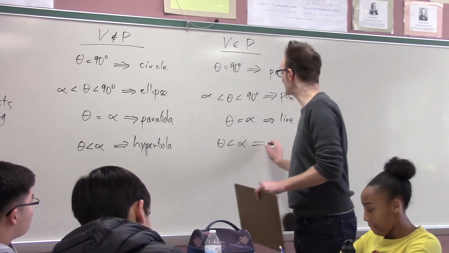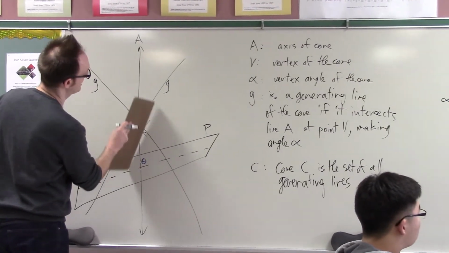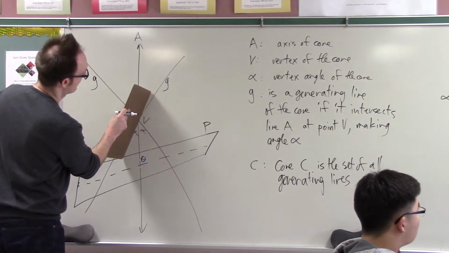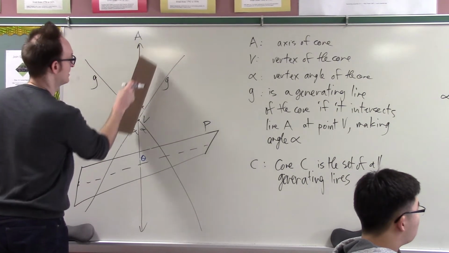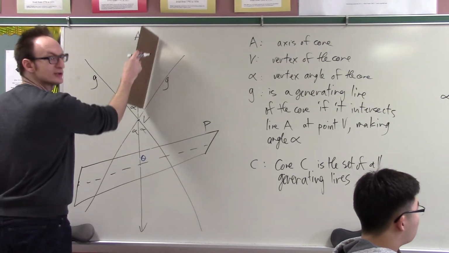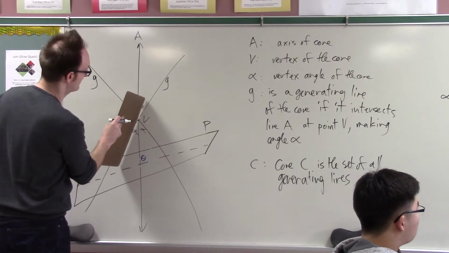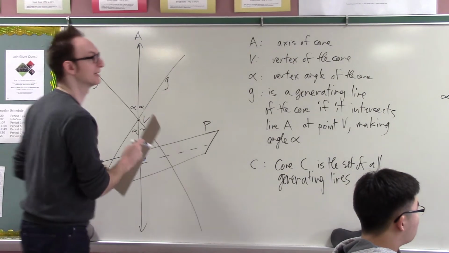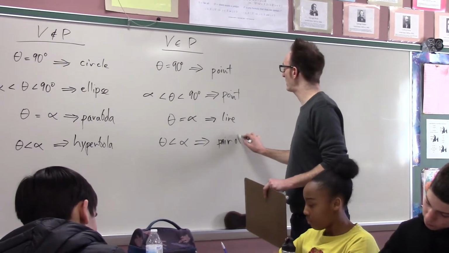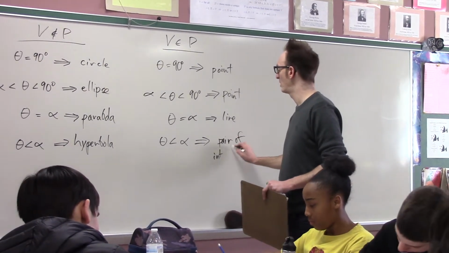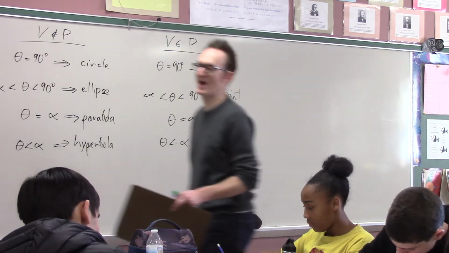If theta is less than alpha, but also the plane goes through the vertex, then what do I get? I get a pair of intersecting lines. Okay, cool. That was all to just get us back in the game.